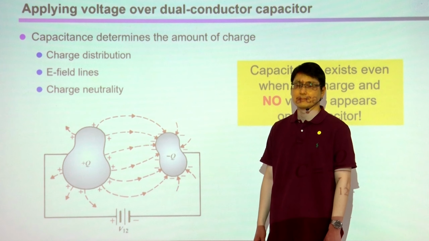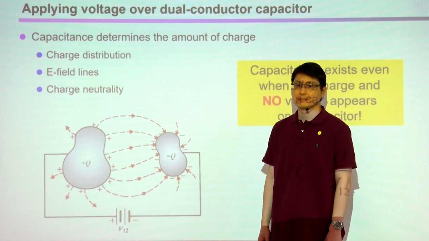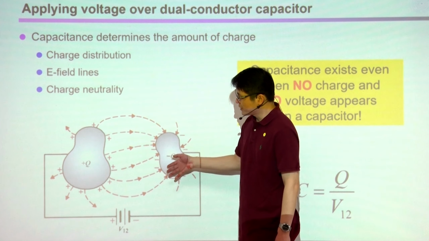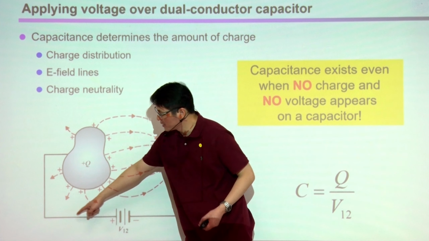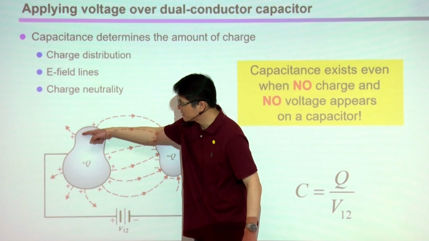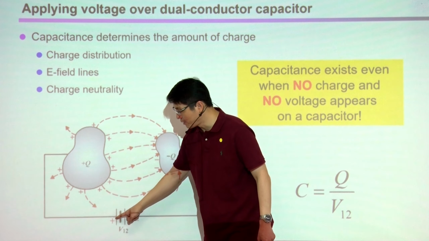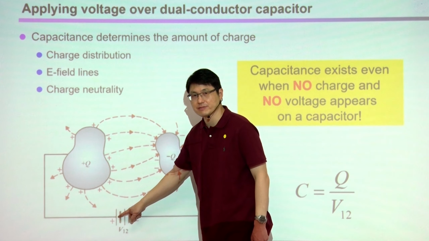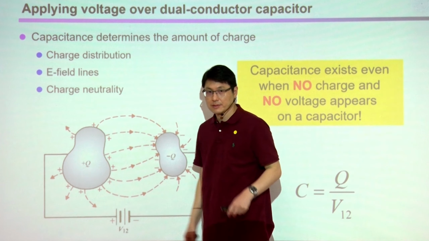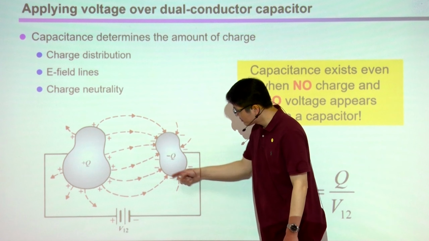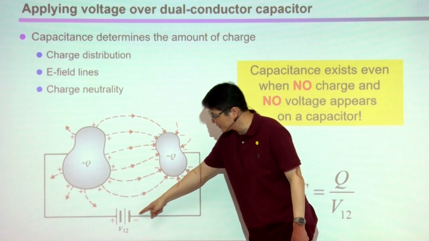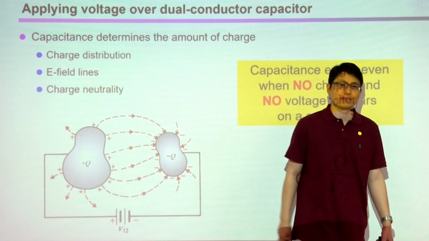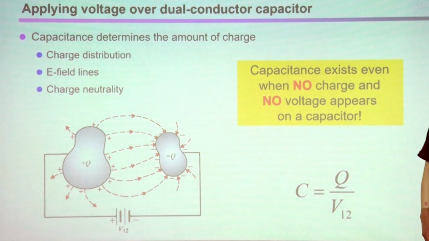Usually, when you connect the battery, you have positive charges deposited on the electrode connected to the positive end, and negative charges deposited on the electrode connected to the negative end.